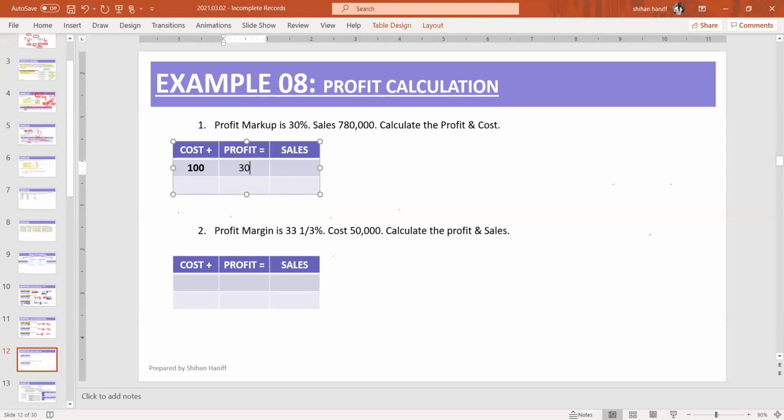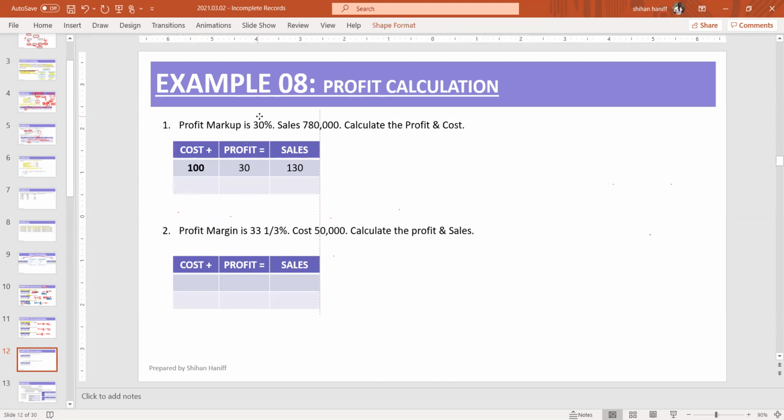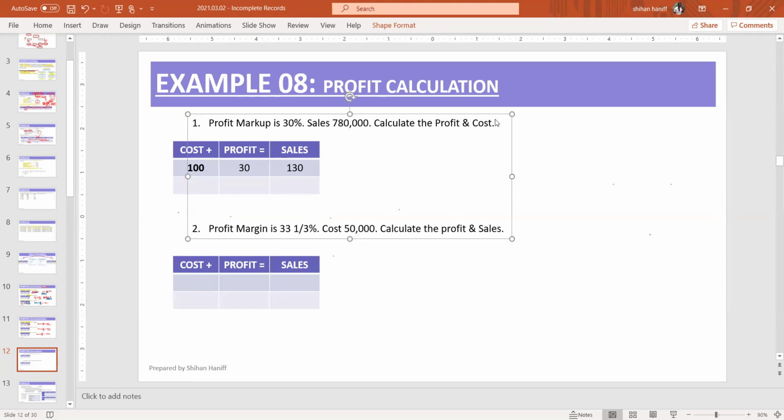Cost is 100, profit is 30, selling price is 130. Right?